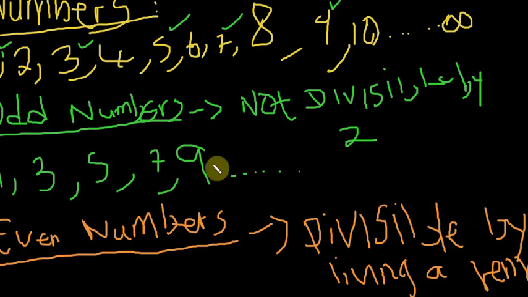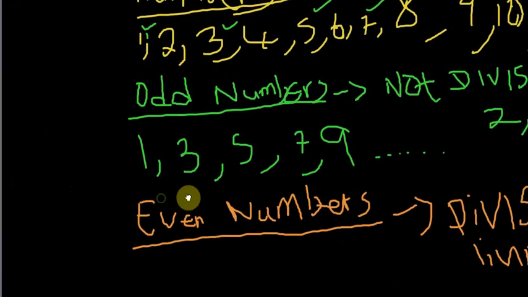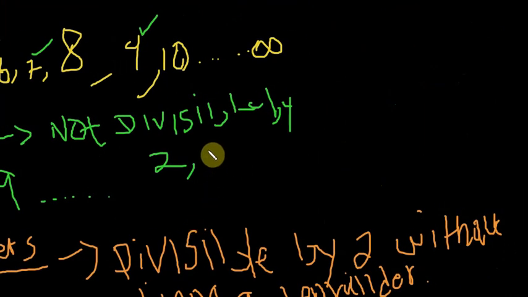So odd numbers are numbers that are not divisible by 2 without leaving a remainder.